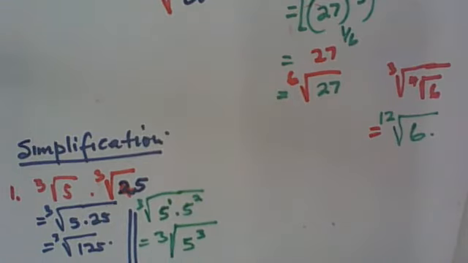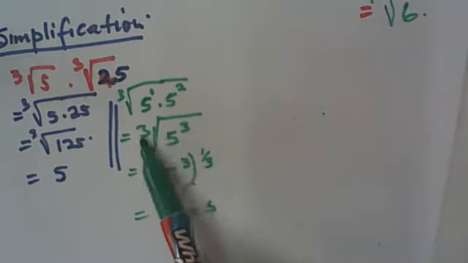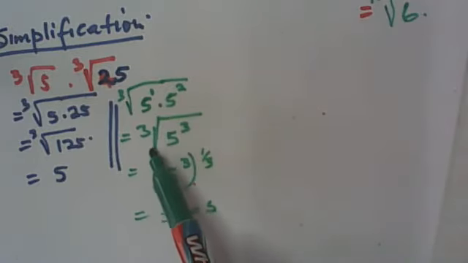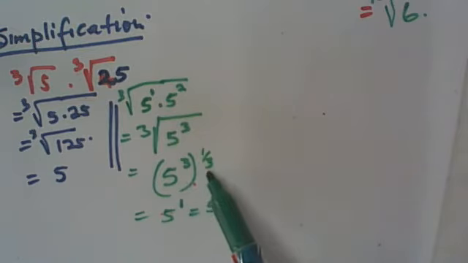We remove the root by applying that law, so this becomes 5 to the power 3 all to the power 1 over 3.